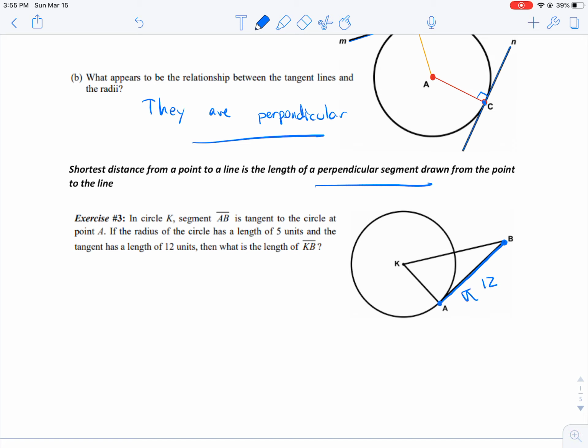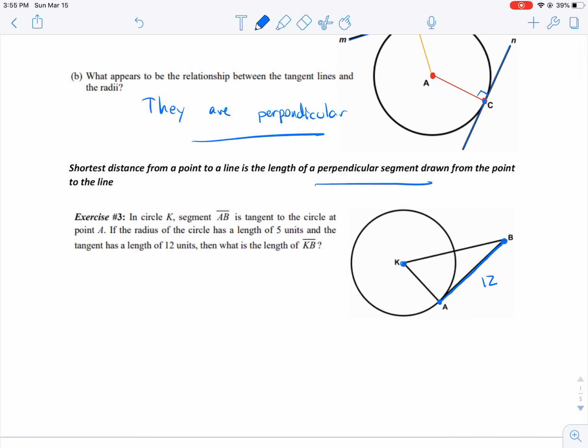In this case, our tangent is AB. Then they give us the radius is 5, which means K to A is 5 units. So the only part we need to find is this piece right there. We also know that this radius, KA, is perpendicular to BA.